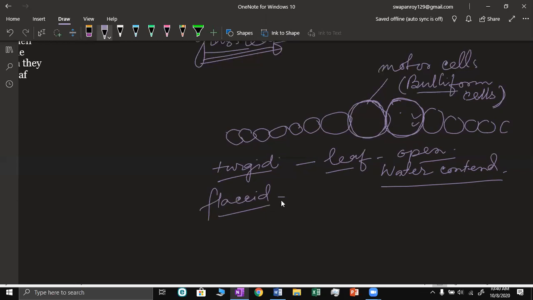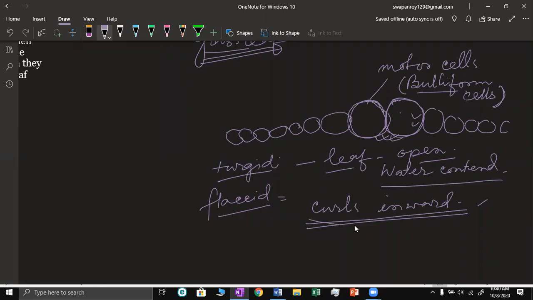And in that case, due to decrease in the size of the bulliform cells, the leaf curls inward. So when it curls inward, the exposed surface is very less. That is, the leaves roll in.